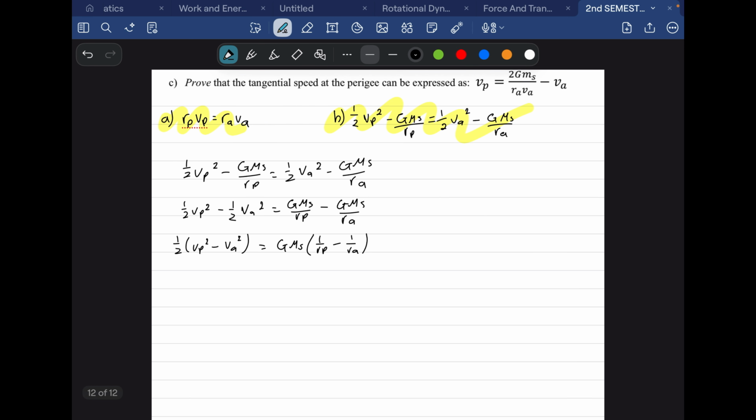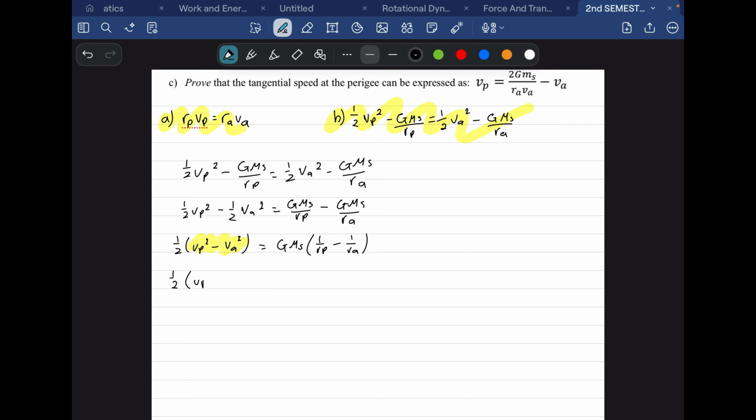So on the left side, we have this thing right here, and this is a difference of squares. So technically it's just A minus B times A plus B, right? Which is equal to A squared minus B squared. So I can just factor it out.